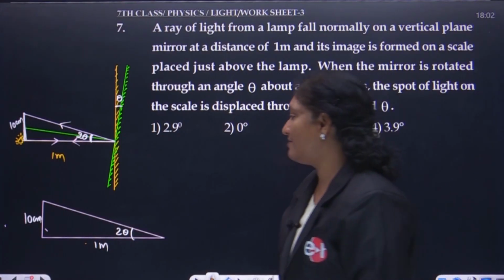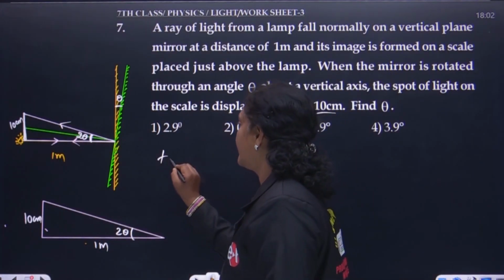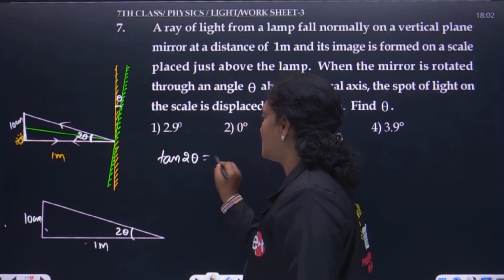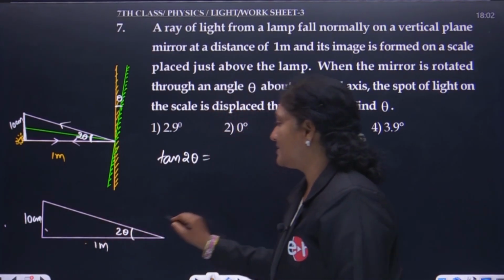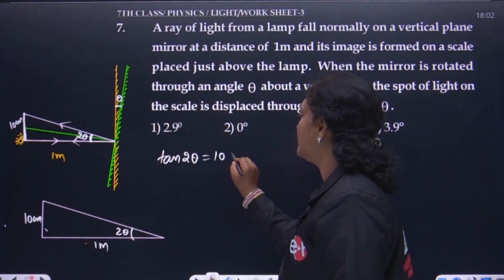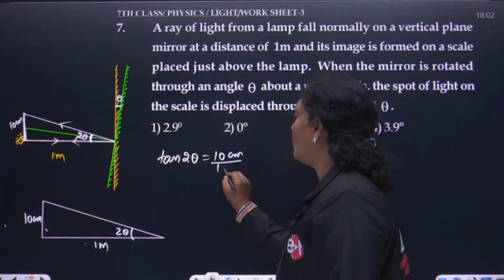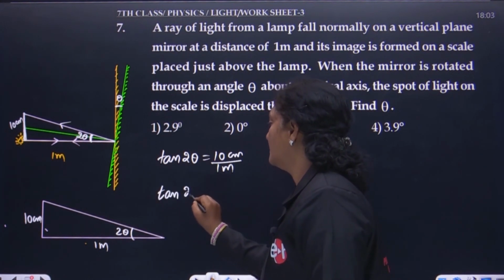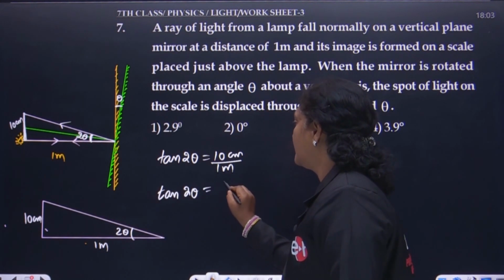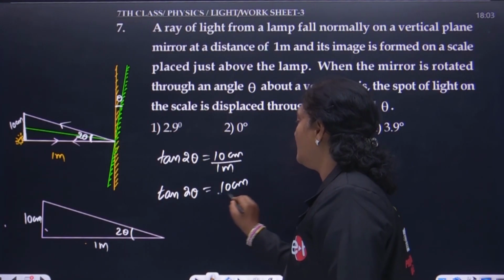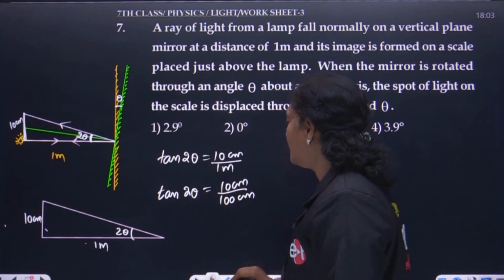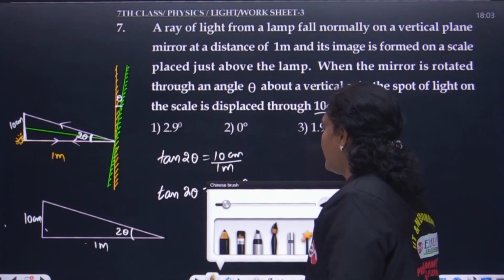Of course, it is the tan function. From the right angle triangle, tan 2 theta equals opposite by adjacent. The opposite side is 10 centimeters upon 1 meter. Converting it into the same units, 1 meter carries 100 centimeters. So, now these two will get cancelled.